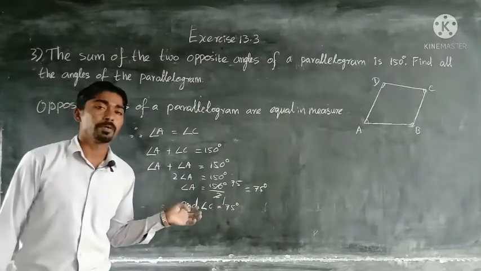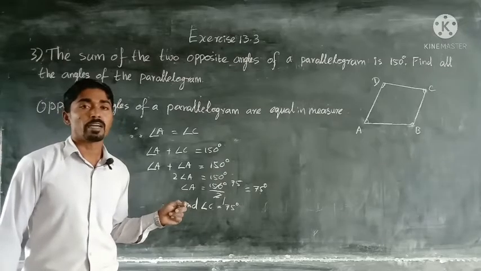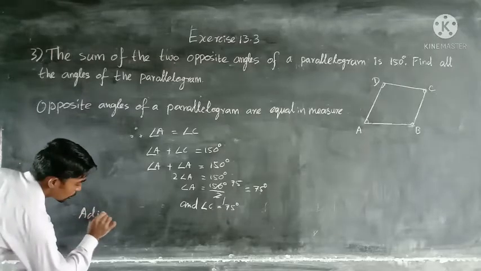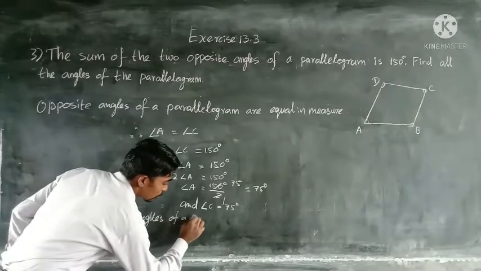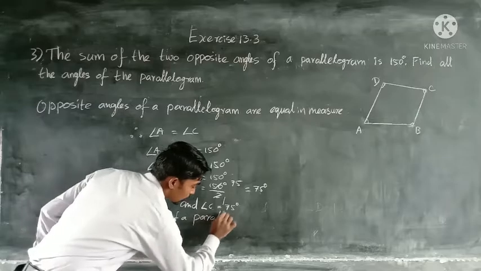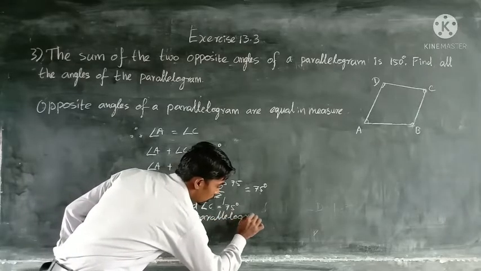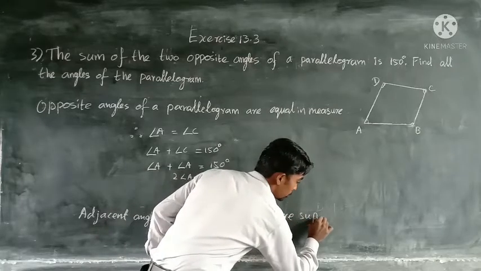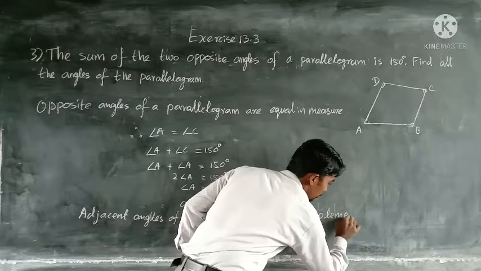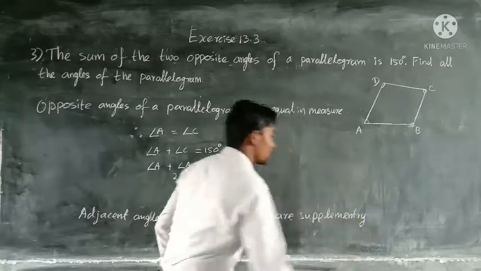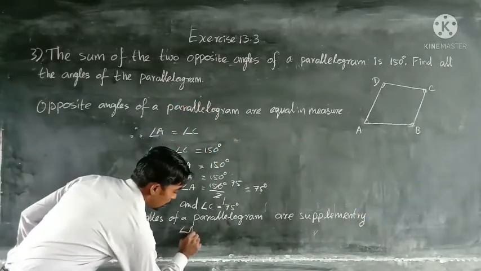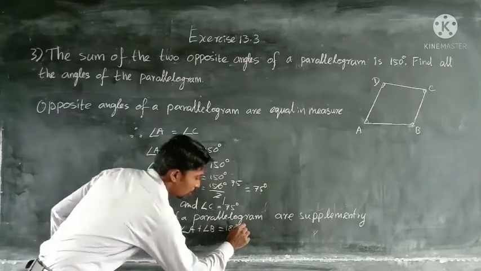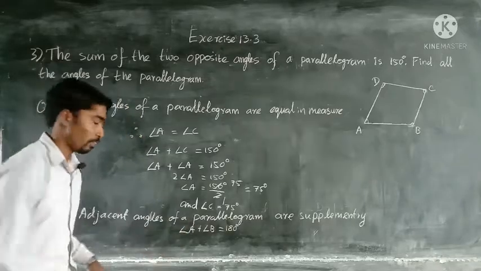And also we know a property, that is adjacent angles of a parallelogram are supplementary. Then angle A plus angle B is equal to 180 degree. We know angle A is 75 degree.